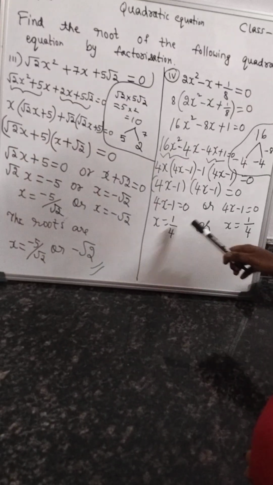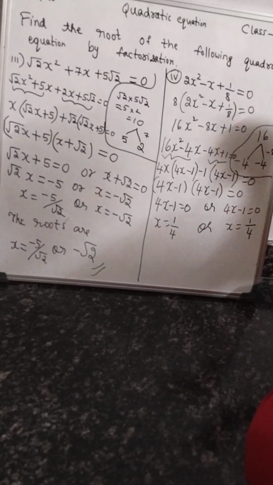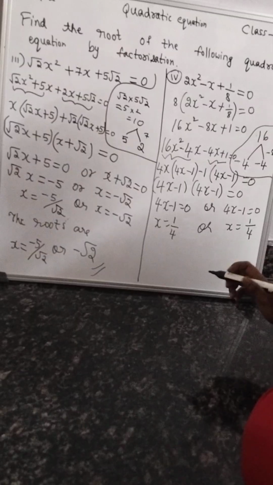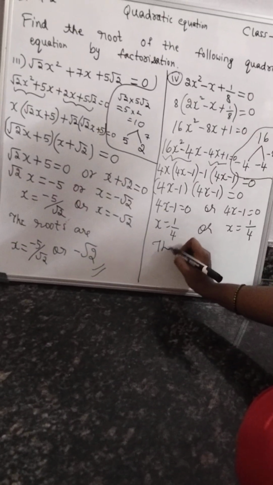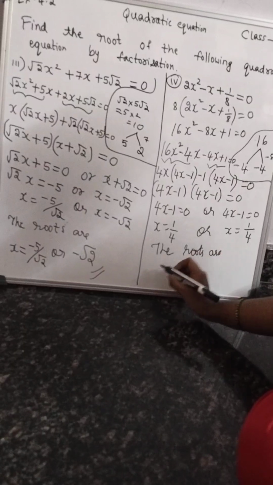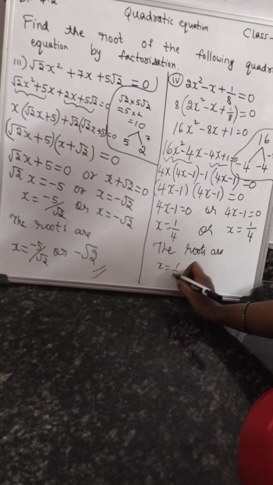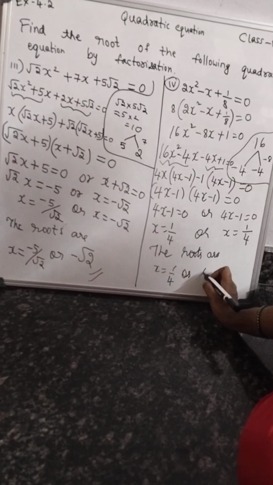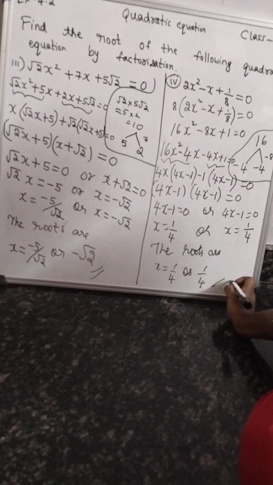Here we got two equal roots for the given quadratic equation. Therefore the roots are x is equal to 1 by 4 or 1 by 4. Thank you.